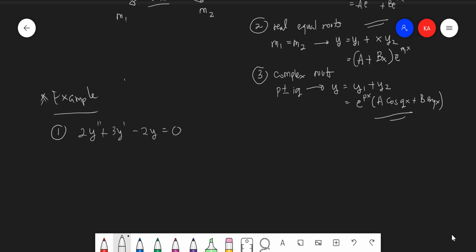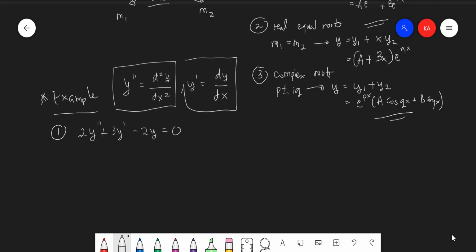And note that y double prime means d squared y per dx squared, and then y prime means dy per dx, like this one. Okay, so this is example number one. So how to solve this one?